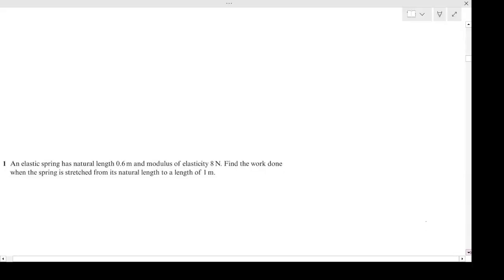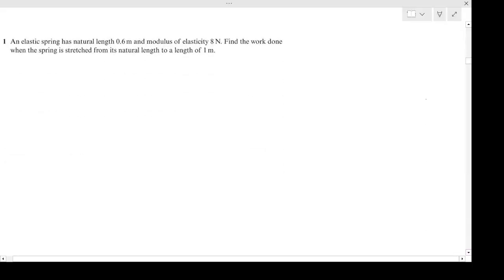Now we've got this question here, fairly similar. Now it's asking for the work done, so the work done to stretch the spring. Well, as we sort of discussed at the start, that's going to be the same as the elastic energy.